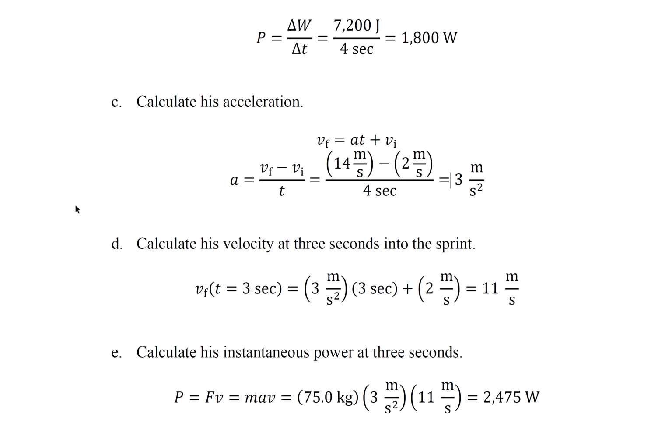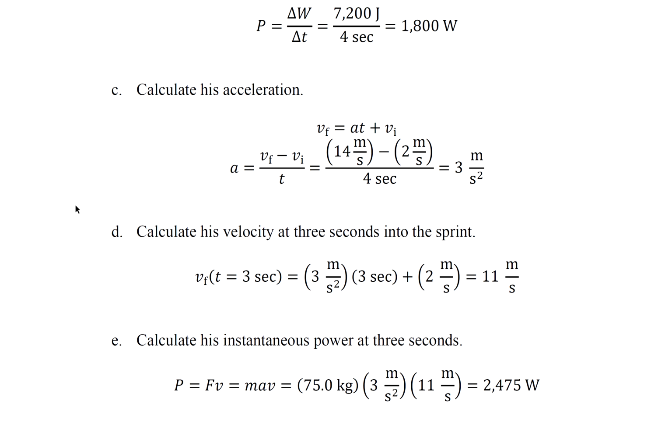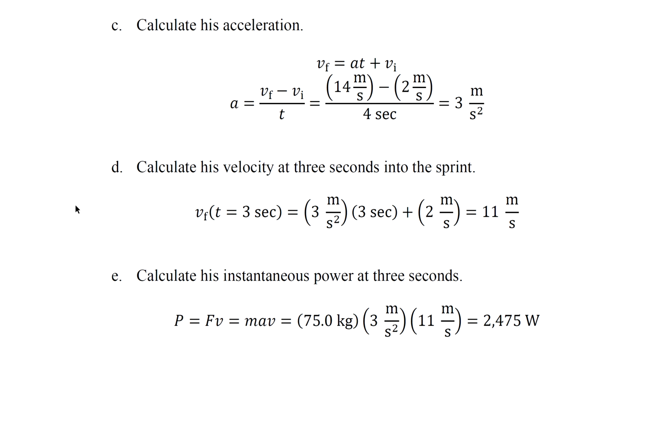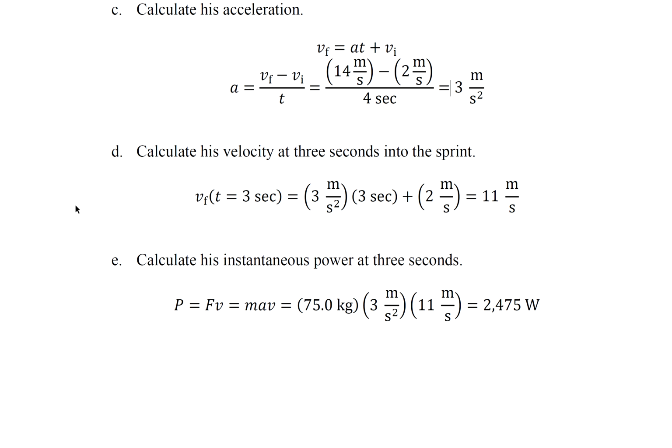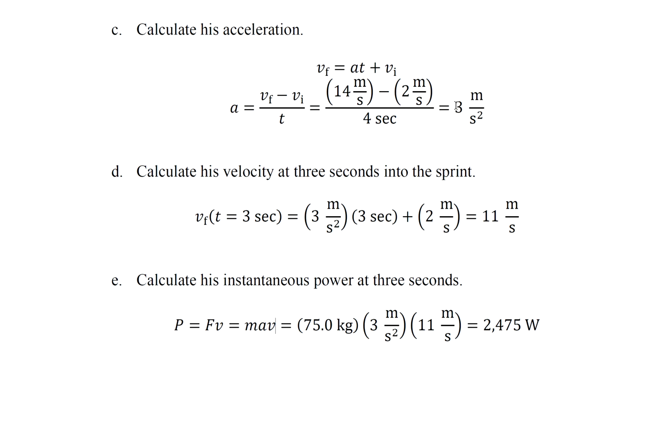So we're going to use the equation V equals AT plus U, or V final equals AT plus V initial. Part E. Calculate his instantaneous power at 3 seconds. So this is the velocity at 3 seconds, and F is equal to ma. So we know m, we know a. A from part C.